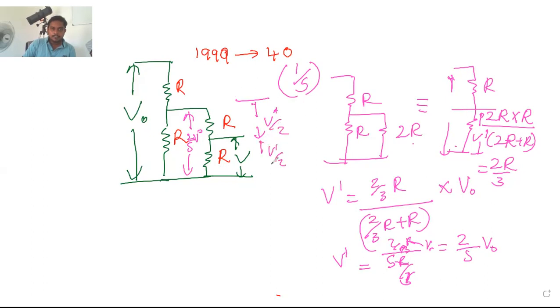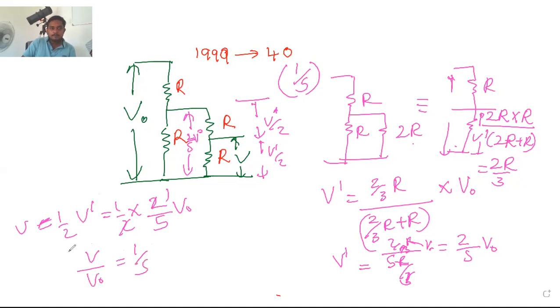So the V dash we found, half of V dash is equal to the potential across this, which is V. Half of V dash is half of 2/5 V0. Finally, the 2s cancel out. I am getting V/V0 as 1/5.